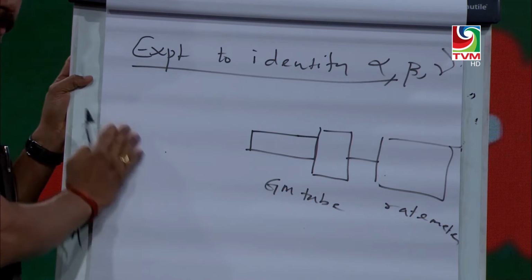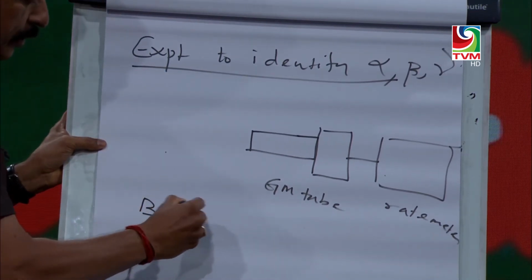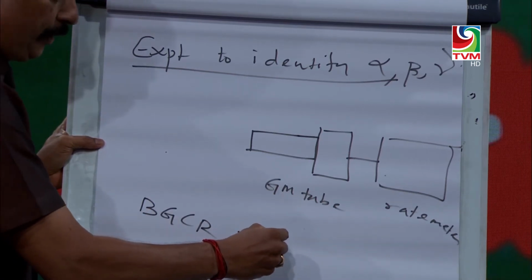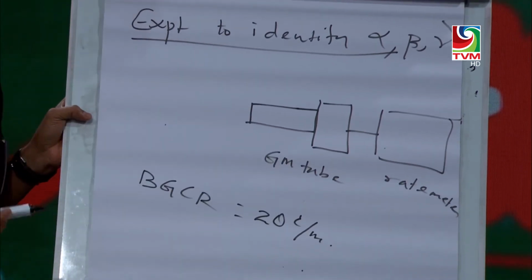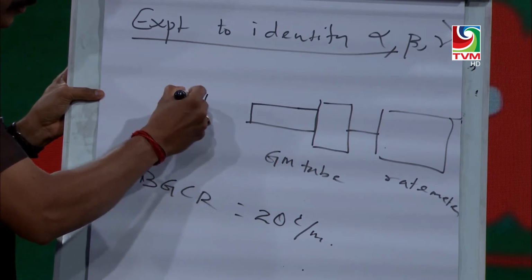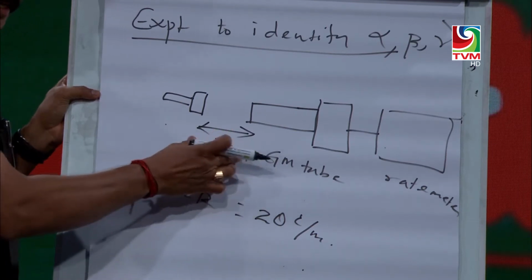Without keeping any radioactive source in front of the GM tube, note the background count rate. That may be around 20 or 25 counts per minute. Note it down. Then keep the radioactive source just 3 centimeters away from the GM tube, quite close to it. Why are we keeping it 3 centimeters away?